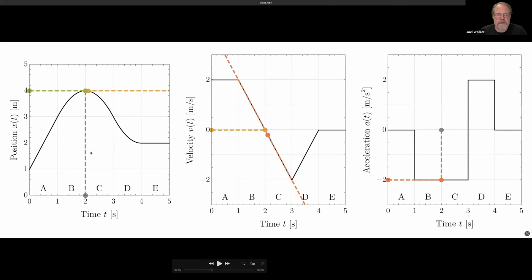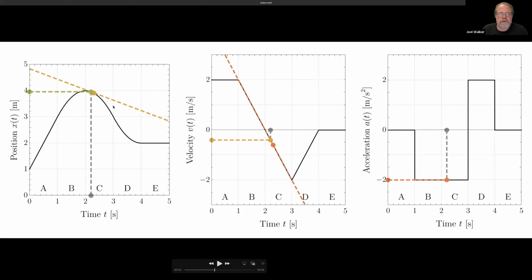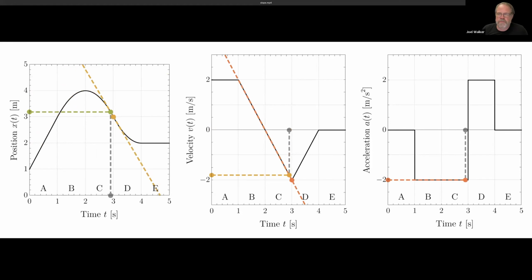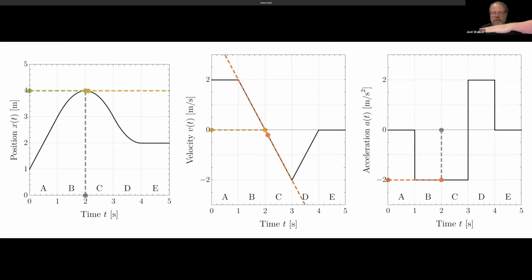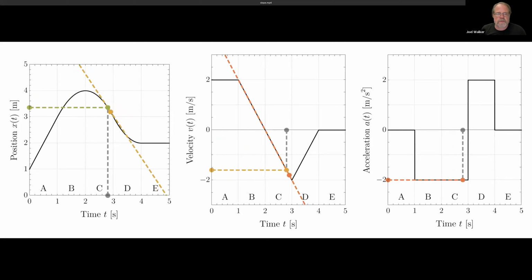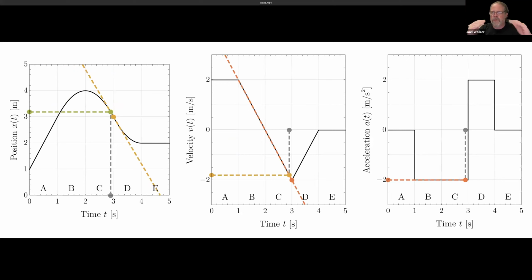In segment C, looking back at the position graph, we actually start moving backwards. We're moving backwards with our foot on the gas pedal in segment C. We start off with a slope of 0, not going anywhere. We're momentarily at rest. And then we move backwards in segment C, a total distance backward of 1 meter in a total time of 1 second. So the average velocity was -1 meter in 1 second, -1 meter per second.